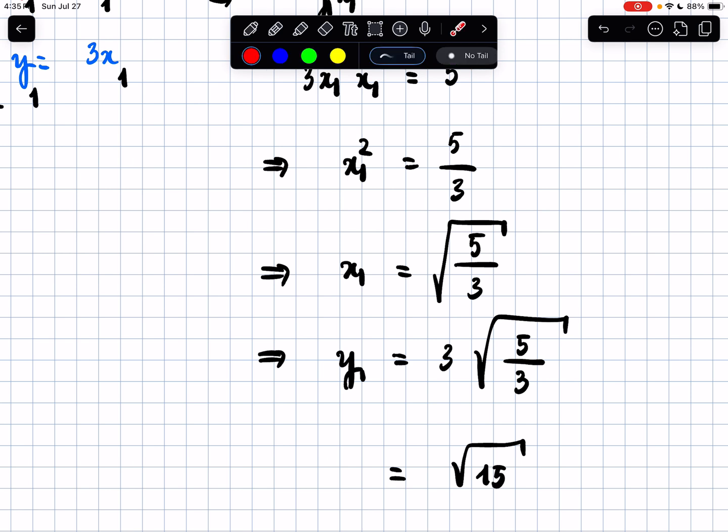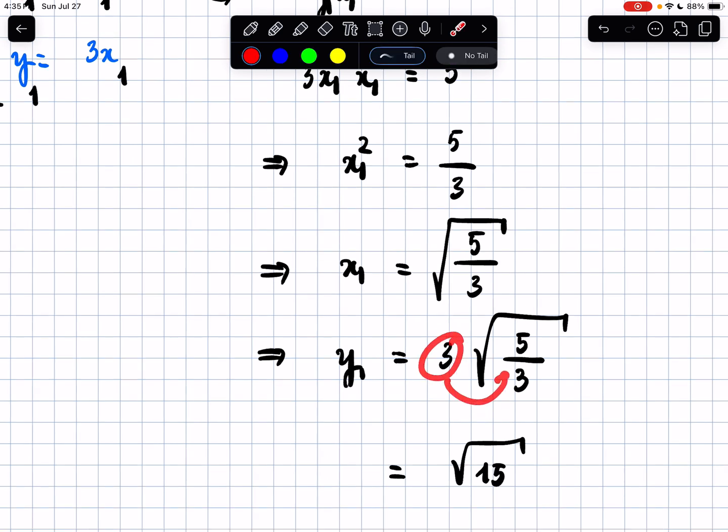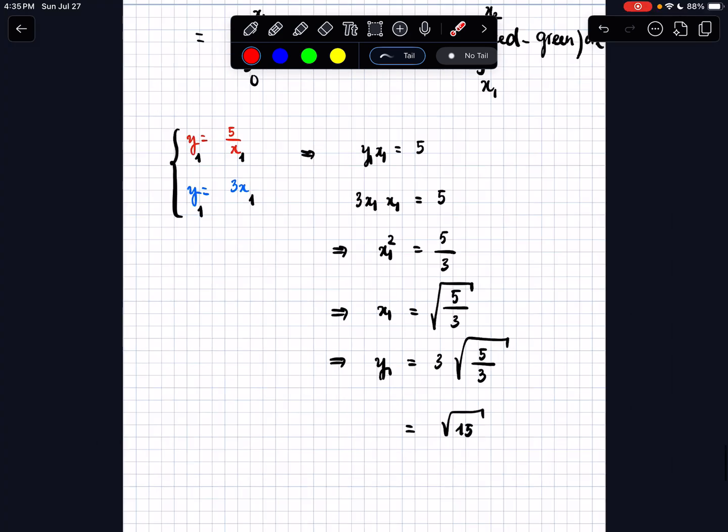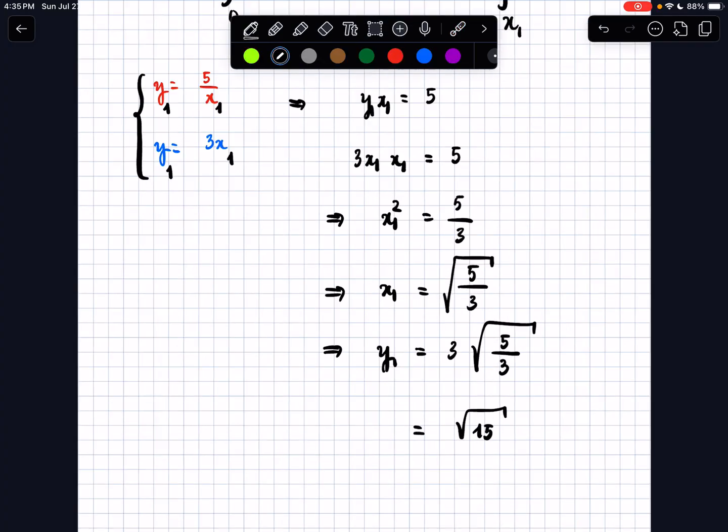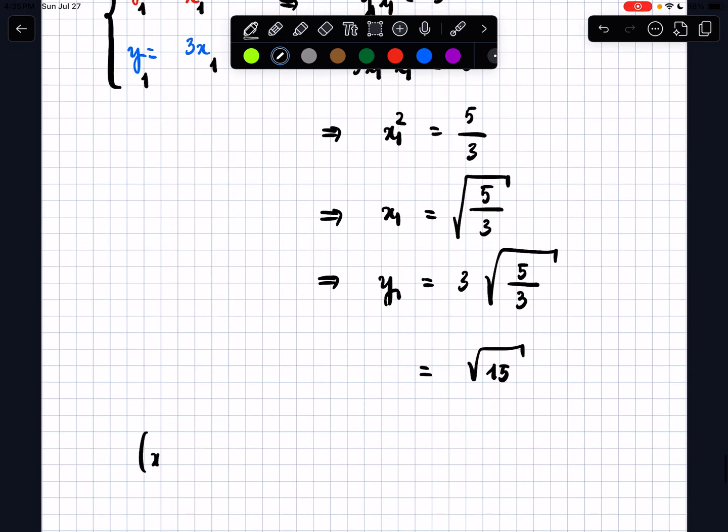We can bring this 3 into the square root, 3 squared divided by 3, we have 15. So (x1, y1) is (square root of 5 divided by 3, square root of 15).